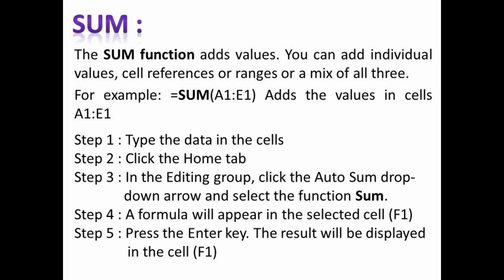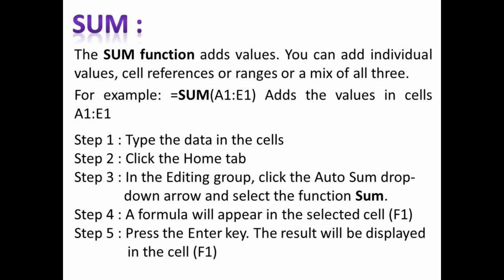For example, if a worksheet is containing the data or the values from A1 to E1, if you want to add all these values present in these cells A1 to E1, you can select the sum function which is present in the home tab.